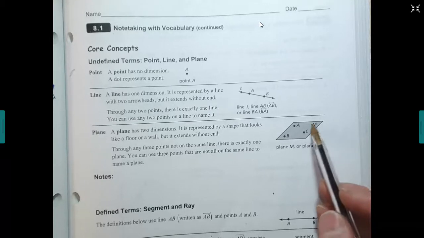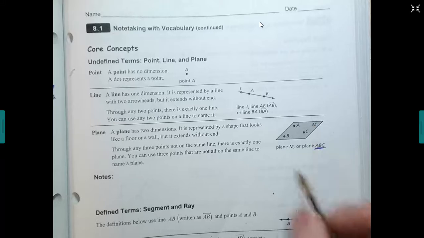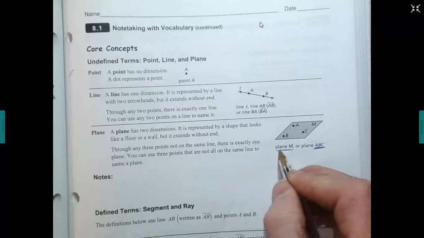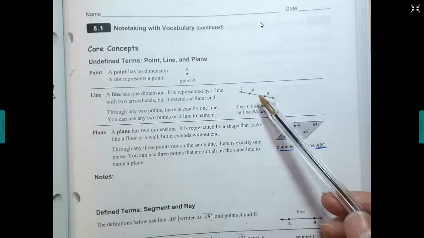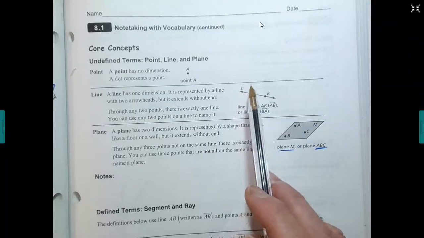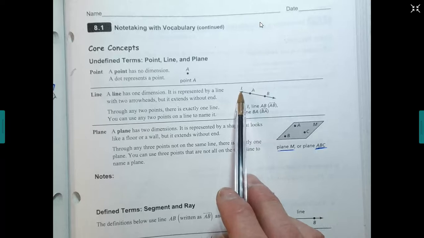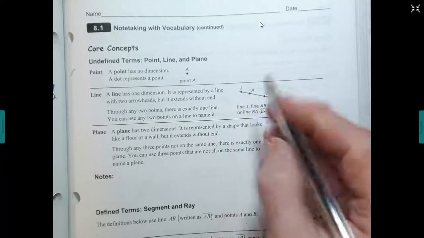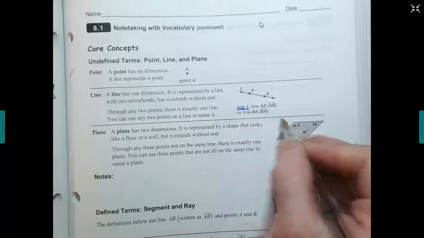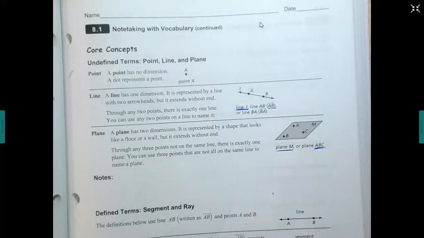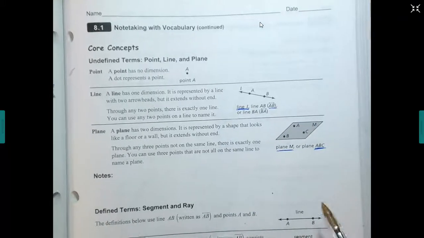Sometimes you will have a letter here that's not associated with a point, and you can actually label it plane M. And likewise with the line, sometimes there'll be a little letter here that's not associated with the point. So this can actually be considered line L or line AB. So that's another way to do it.